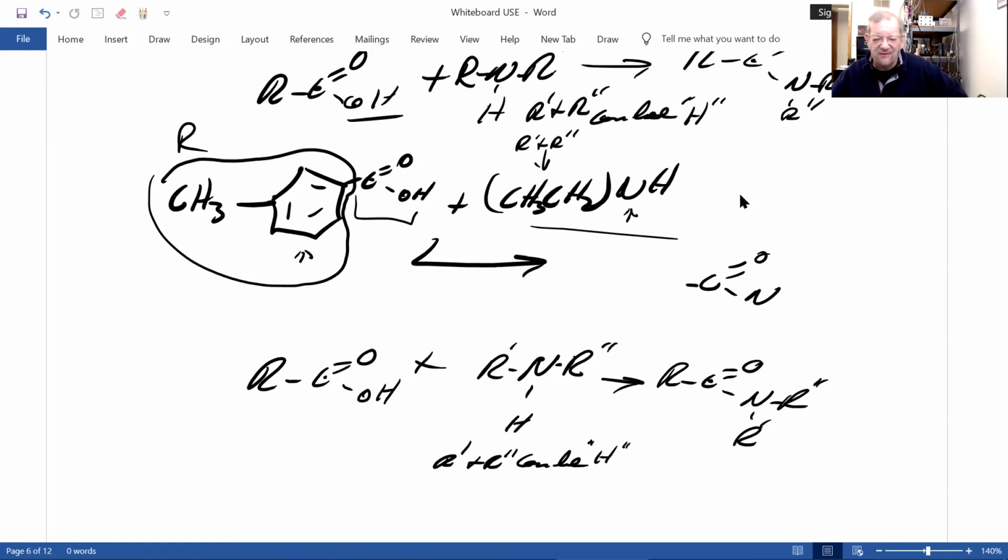And my R group here is a benzene ring with a methyl group 1, 3, or meta. 1, 2, 3. And on my nitrogen, I can draw it this way.